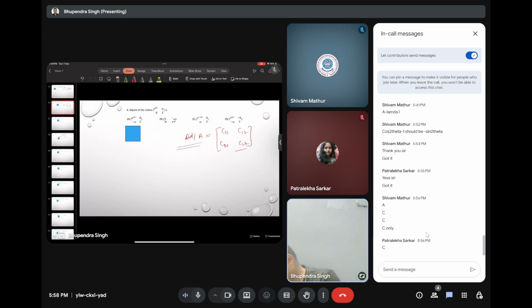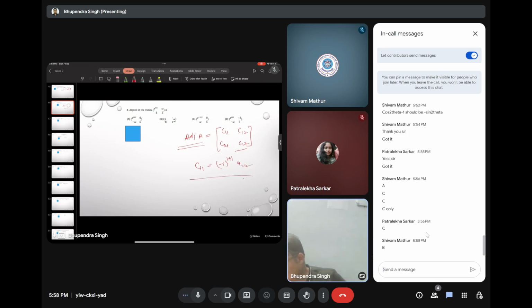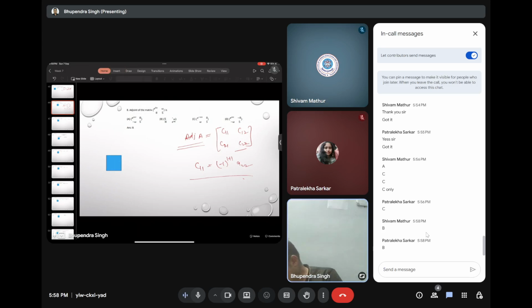This will be your adjoint of A. Now to determine the cofactor, C11 equal to minus 1 to the power 1 plus 1 and A 2 2, like this. Tell me what is the answer. Okay, nice. Shivam is saying B. Patlika is also saying B. Okay, nice. Perfect.